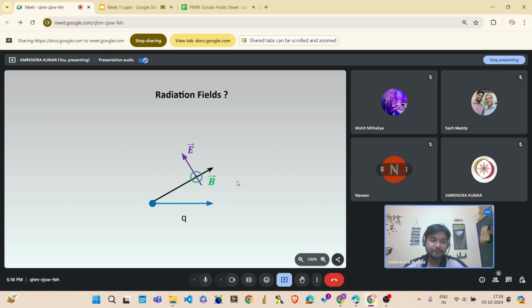If the velocity is v and the time taken is t, the distance that it travels is vt. So it's the same system, no changes happen in the distribution of electric and magnetic field. That's why charges that are moving with a constant velocity do not emit any radiation field.